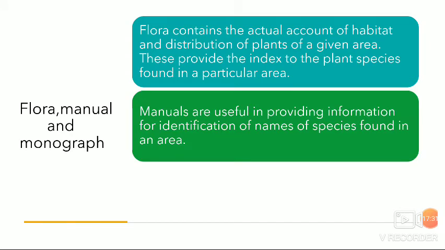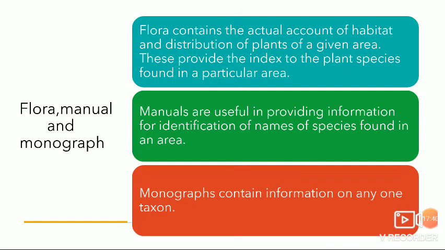Then manuals are useful in providing information for identification of names of species found in an area. And monographs contain information on any one taxon. Okay, so this is all about flora, manuals and monographs.